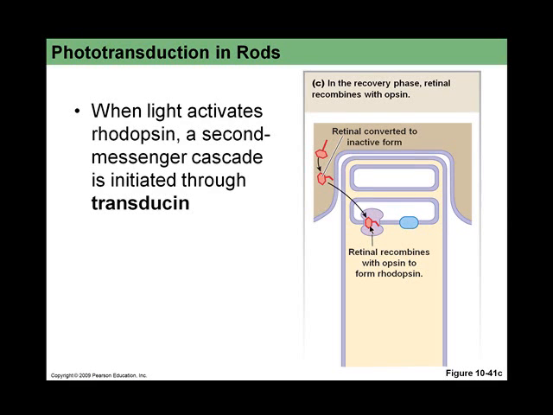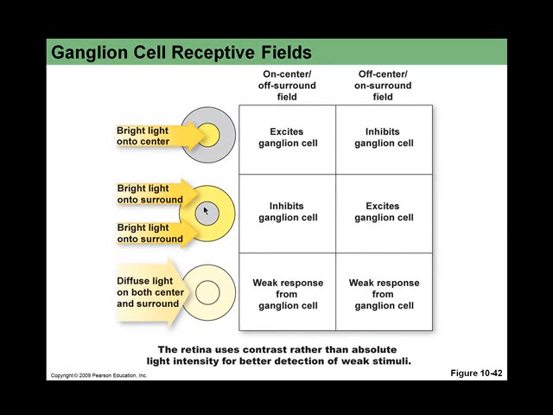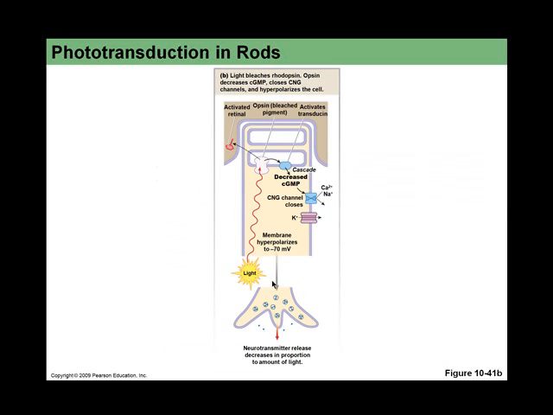It's inactivated, and we now call it rhodopsin again. So when the light activates rhodopsin, that second messenger cascade is initiated through transducin, as we saw in the previous slide. Now, relative to that glutamate release, we need to think about what is happening to the bipolar cells.